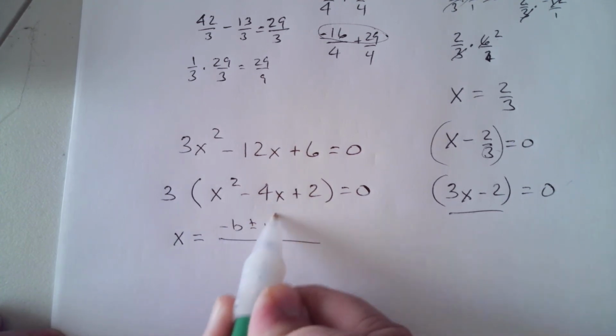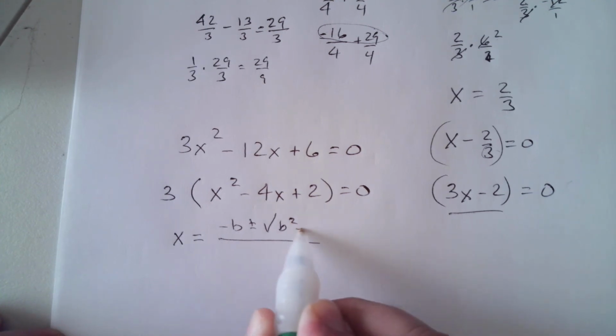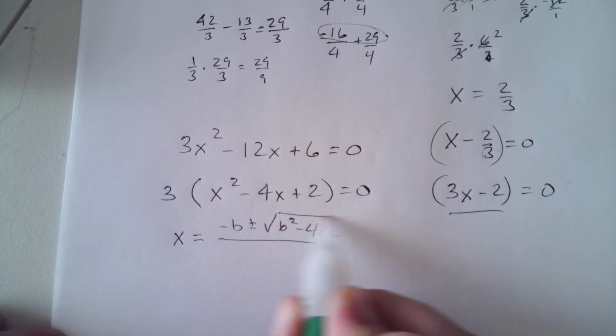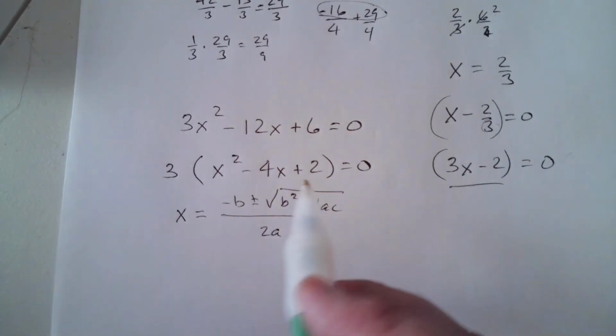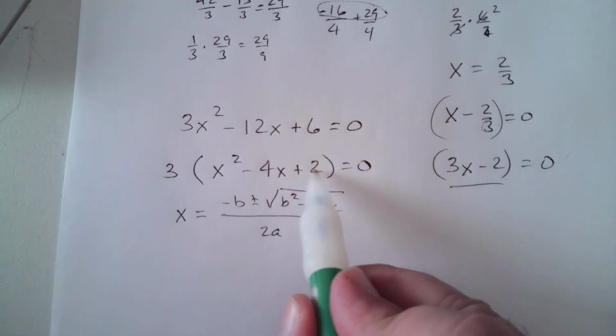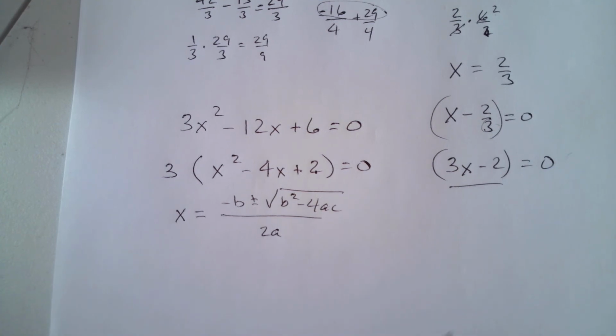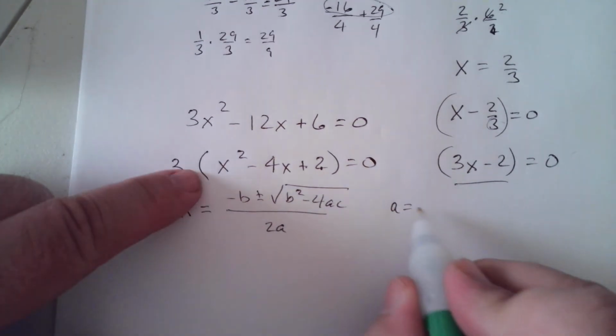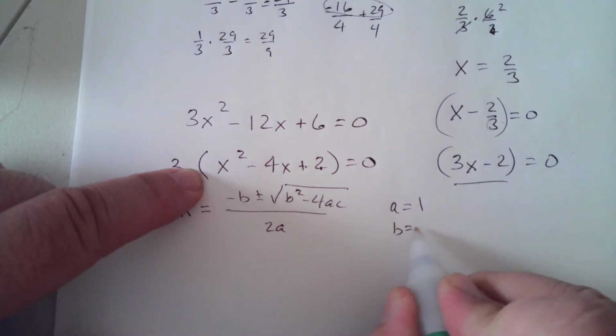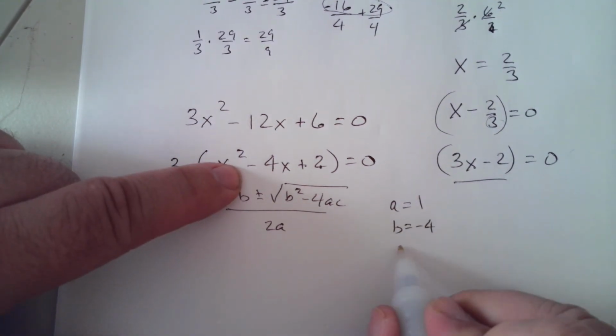Negative b plus or minus the square root of b squared minus 4ac, over 2a. We know it won't factor because what times what is 2, when you add them, you get 4? Doesn't work. A is 1. B is negative 4.